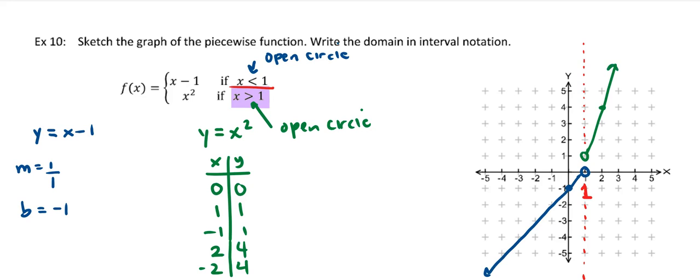If you're looking for the domain, what we would do for ourselves is just read from left to right. We'd be looking at starting on the x-axis and looking for a picture above, below, or on. Looks like we have a picture below. So the domain would start at negative infinity.